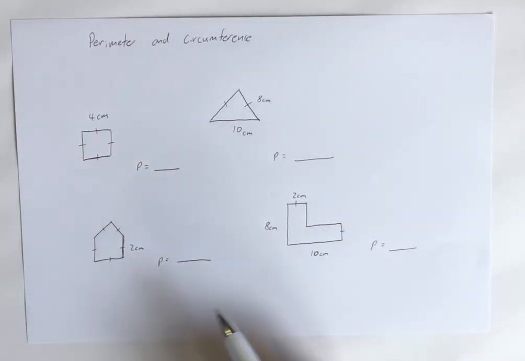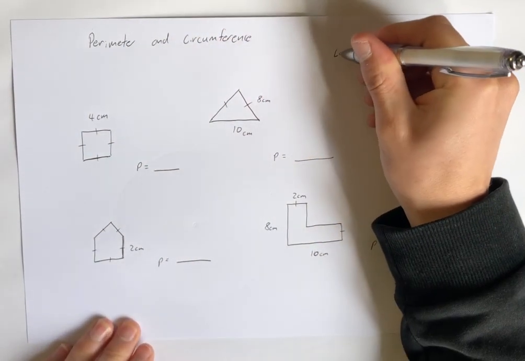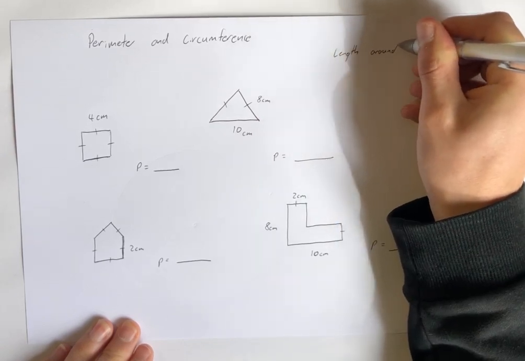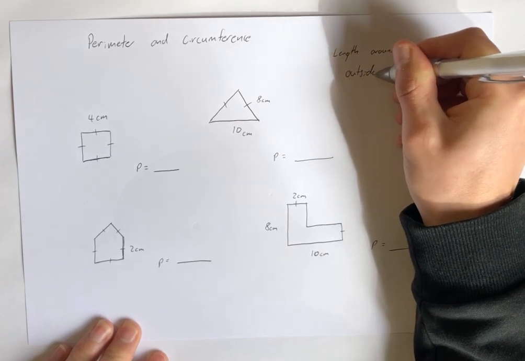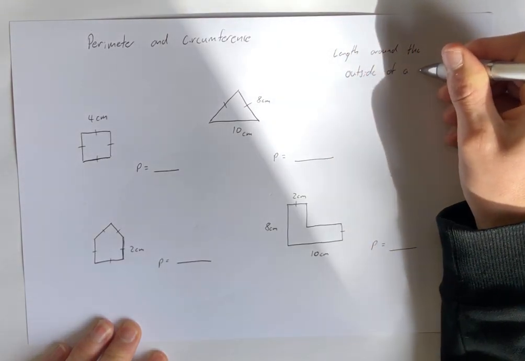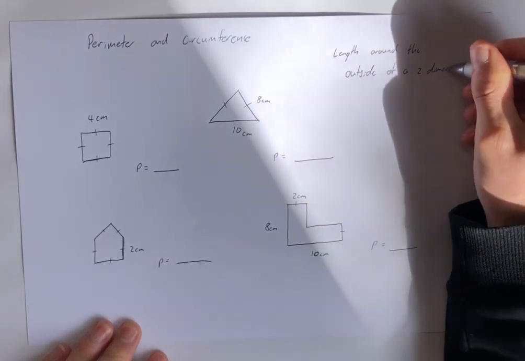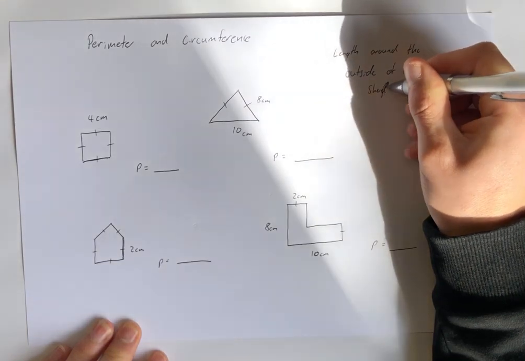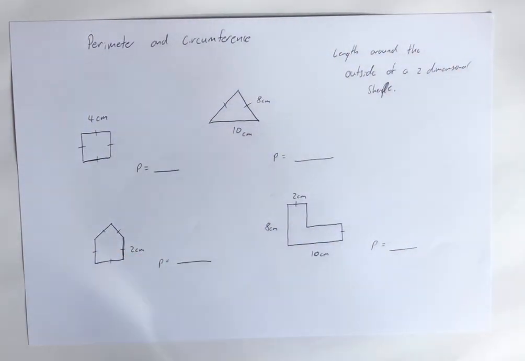So I've just got 4 problems here. Perimeter is the length around the outside of a 2-dimensional shape.